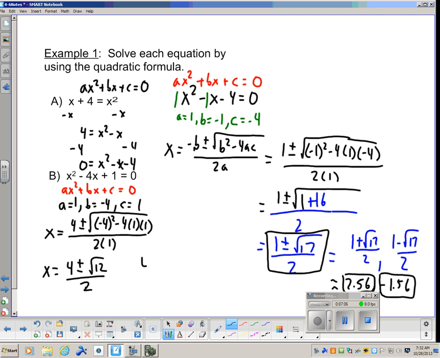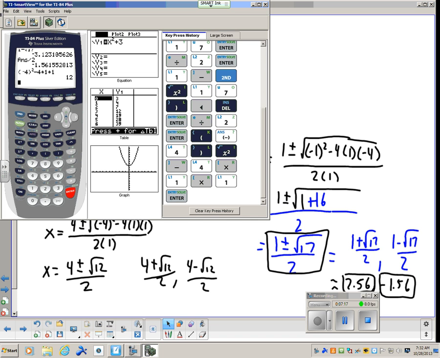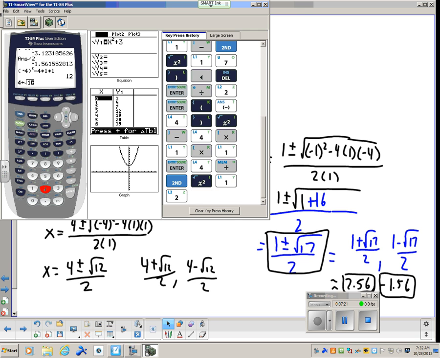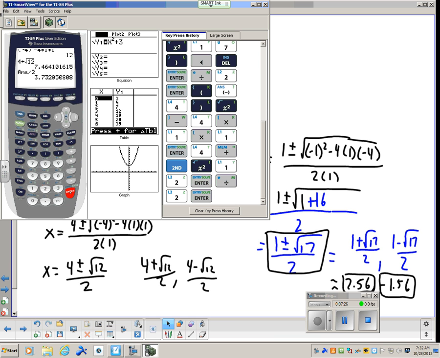And then I've got two answers, 4 plus the square root of 12 divided by 2, and 4 minus the square root of 12 divided by 2. So let's find those two answers. 4 plus the square root of 12 divided by 2, and I get 3.73.